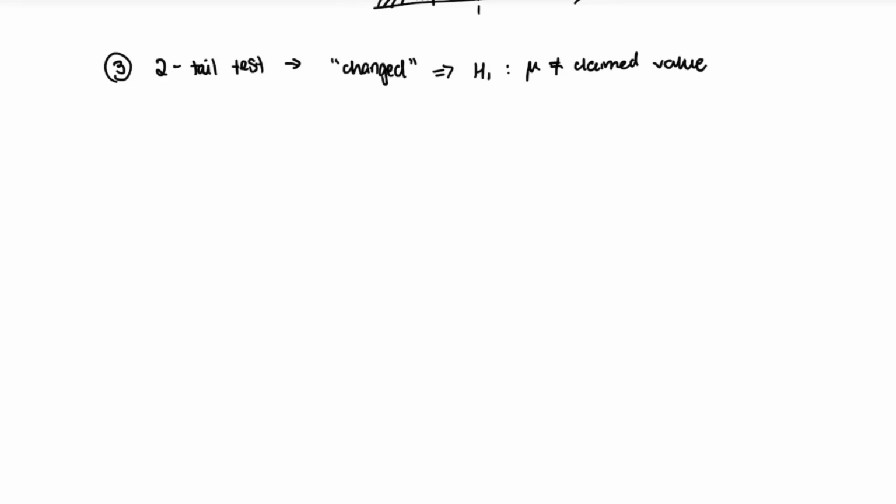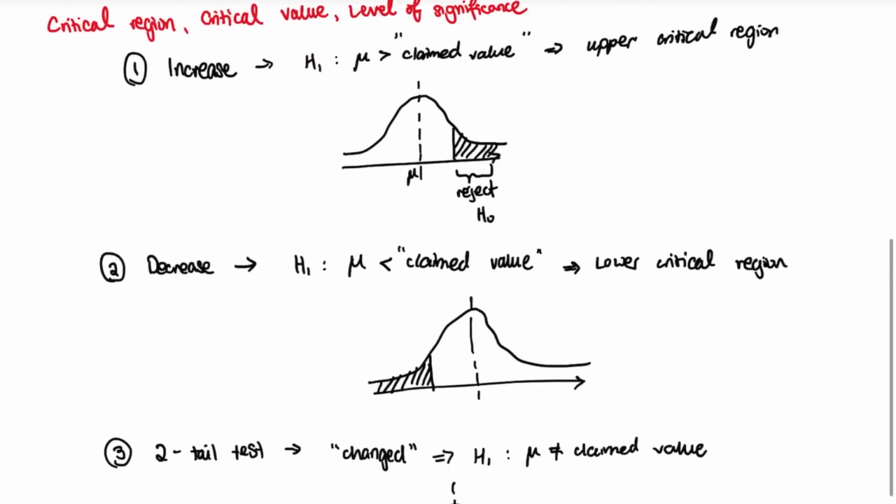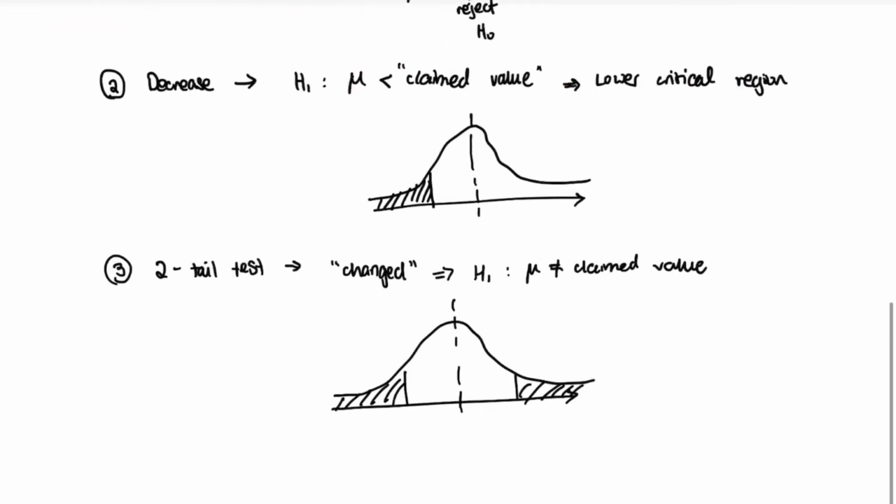Meaning to say that it could either be more than or less than the claim value, so you have to identify. But if you're looking at the curve, you'll be looking at these two regions over here. So far for all of these regions that we have shaded, we are looking at these regions to be rejected. Any value that falls within this region here would have to be rejected.